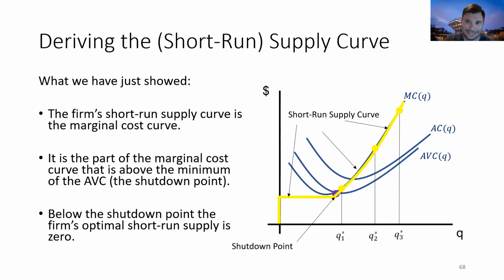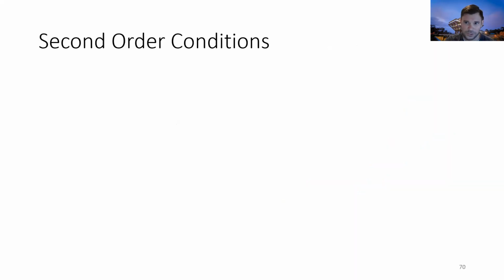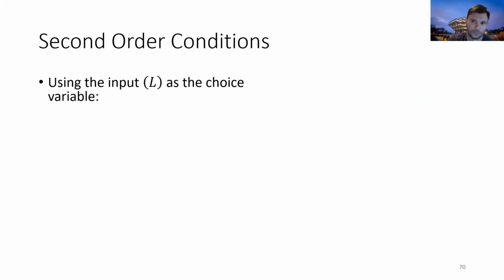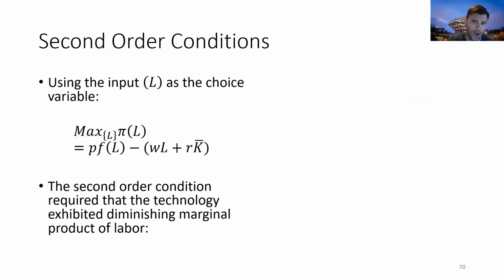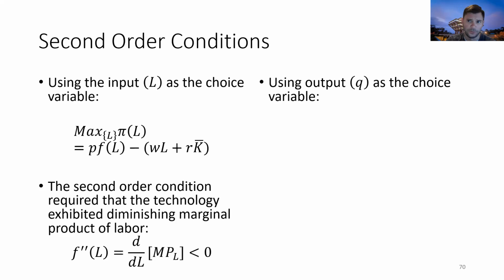So with that being said, let's talk about this. We saw a moment ago that we could think about the short run problem really from two perspectives. We could write the problem out as a function of L, where the second order condition required that we have diminishing marginal product of labor. We also saw that we could, in dual, write the problem out equivalently using the cost function specification, with the objective function defined with the choice variable being quantity of output.